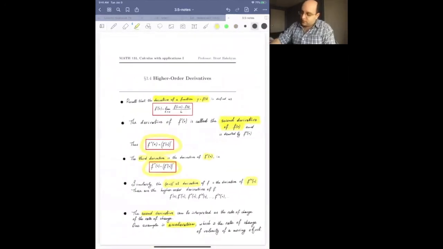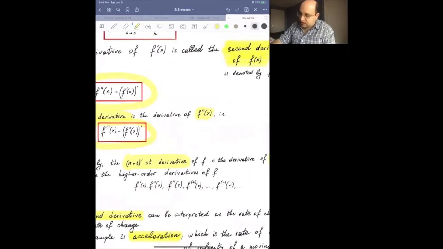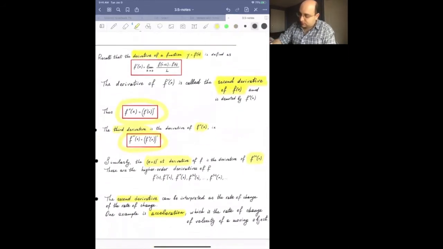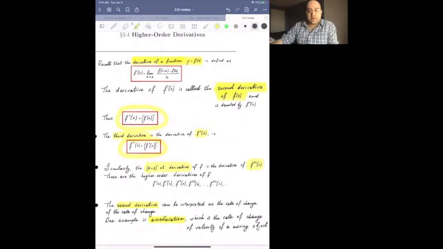Well, first of all, in some situations, in applications, it's important to find out the second derivative. For instance, the second derivative has a very natural interpretation as acceleration. When you're driving a car and your velocity is increasing, that means the derivative of the velocity is positive.